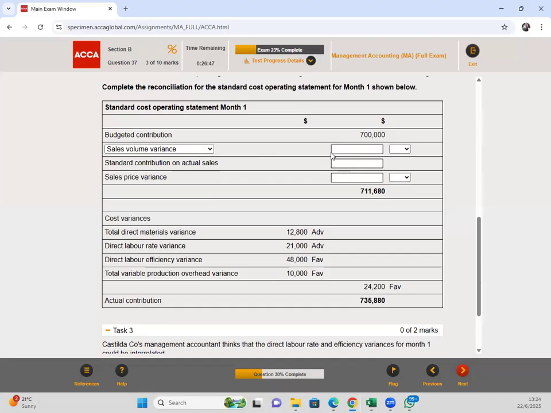Because we are reconciling the sales variances here. Because the material variances and labor are here, so this should be the sales variances. Then for the sales volume variance, to work out the sales volume variance, let's go to our Excel.